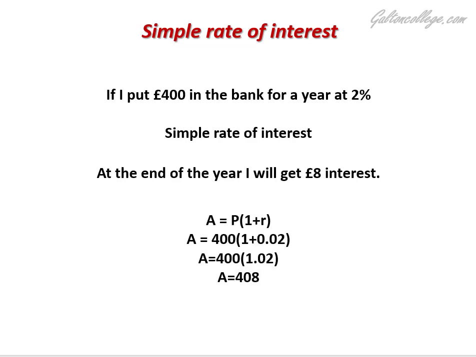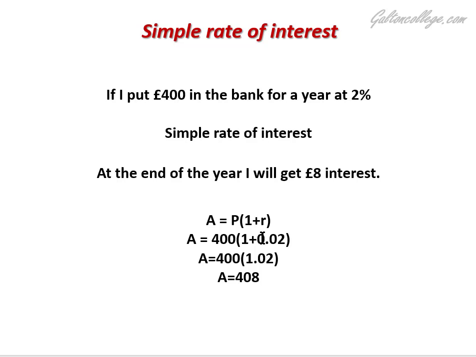Now, the formula for working this out is this one. So we've got the amount here and the principal, 1 plus R. R is the rate of interest. So the rate of interest is 2%, 0.02.